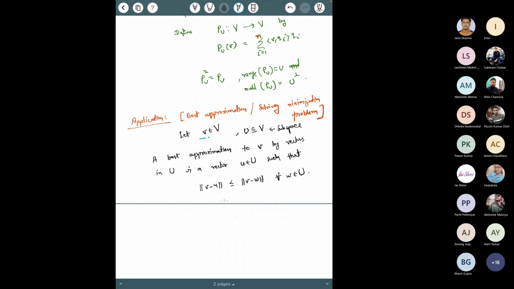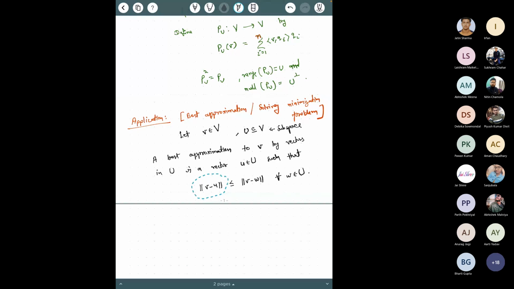That vector u I call a best approximation of v by vectors in U. You can consider the length of v minus u as the distance between v and u.